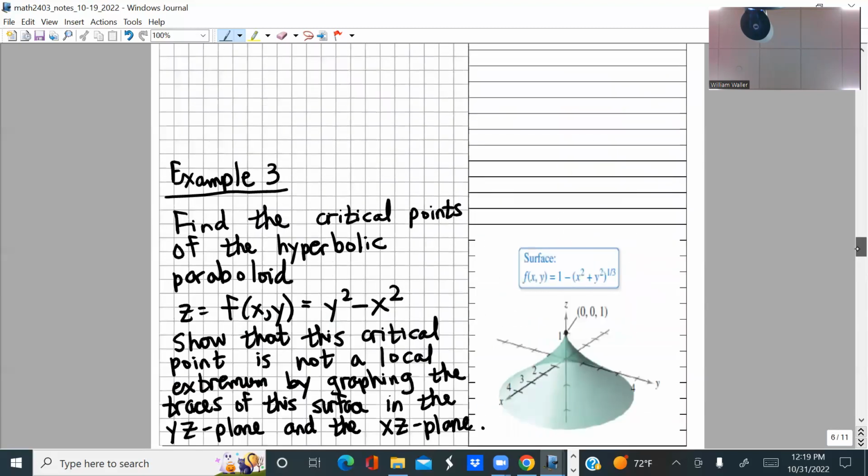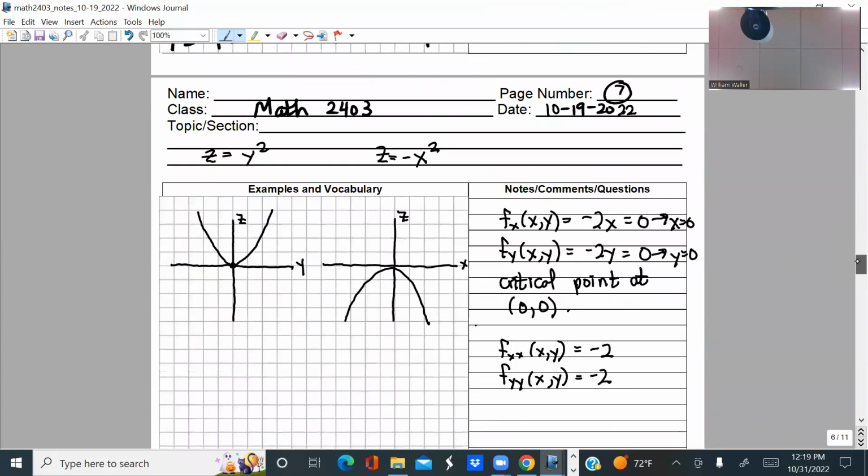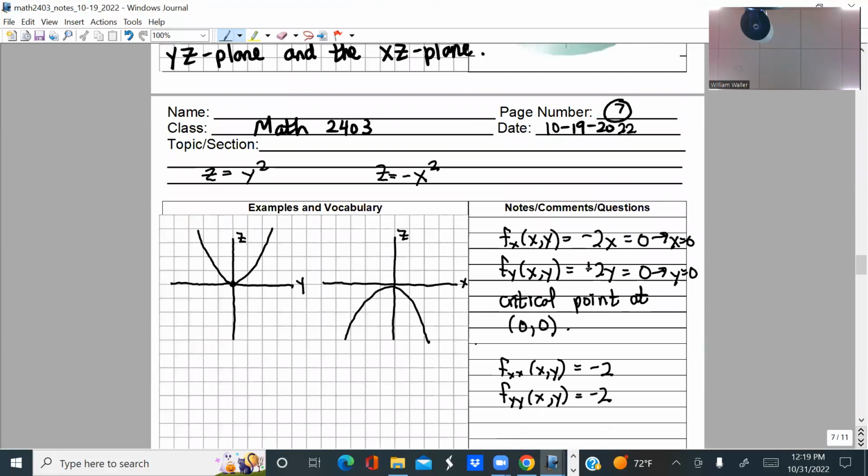Is it just 2? Oh, this one is minus. Oh, yeah, I was getting overly optimistic. So this is +2. That doesn't change the prior example, but it may have screwed things up here. All right, maybe not. So -2 for the second partial derivative with respect to x, +2 for the second partial derivative with respect to y.